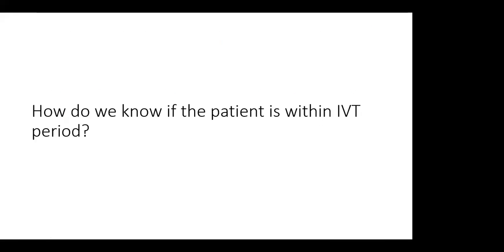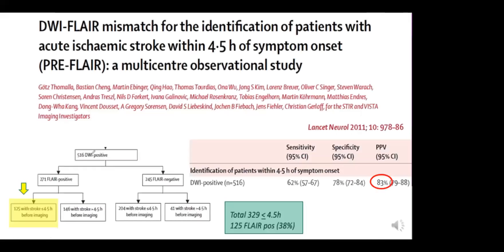Okay, so there is something called the MRI mismatch pattern that was chosen because this suggests that the stroke has occurred within 4.5 hours. There's a study called the PRE-FLAIR study, which was published in 2011, whereby patients who presented within 12 hours of stroke onset in the years 2001 to 2009 were included in this study.